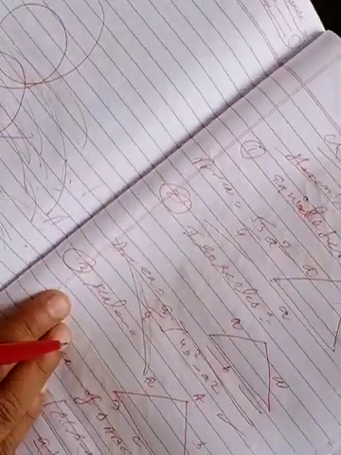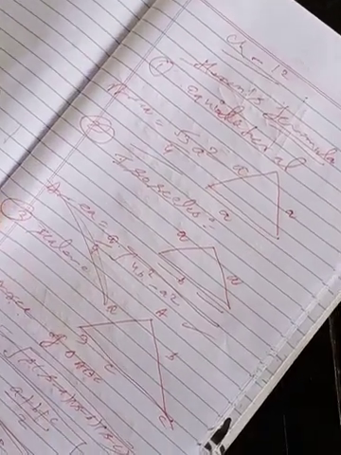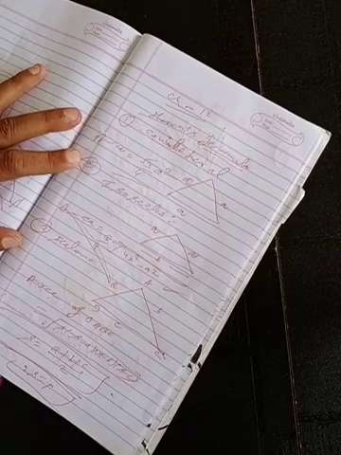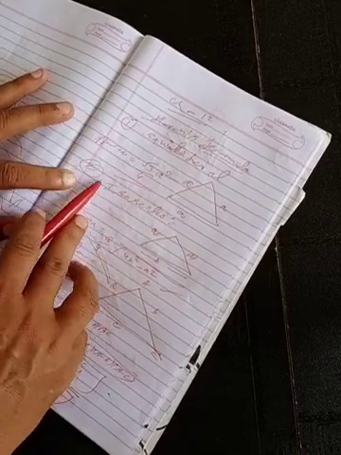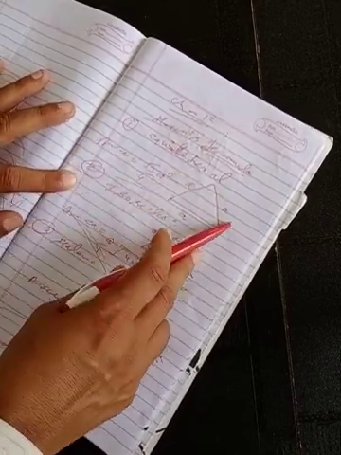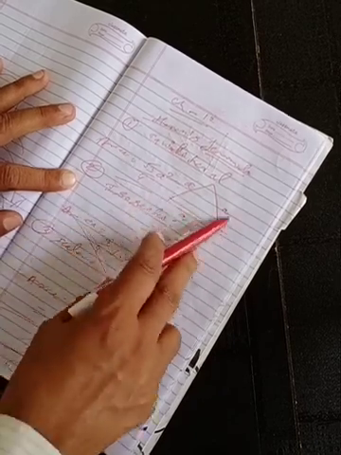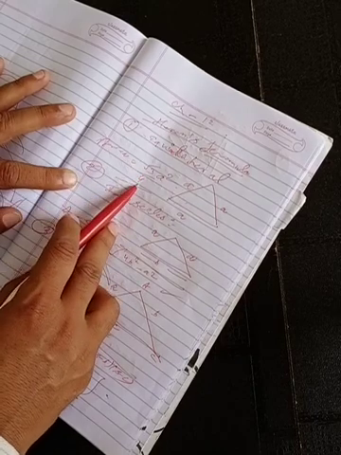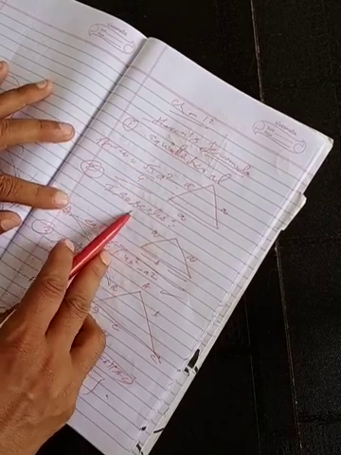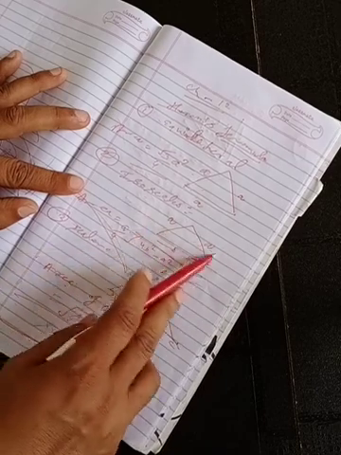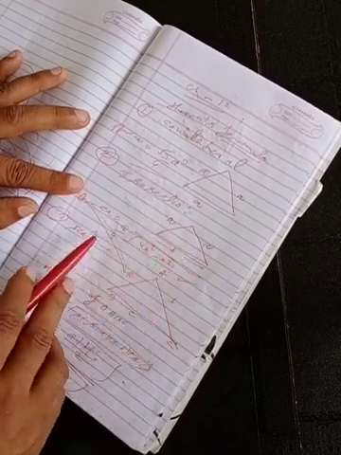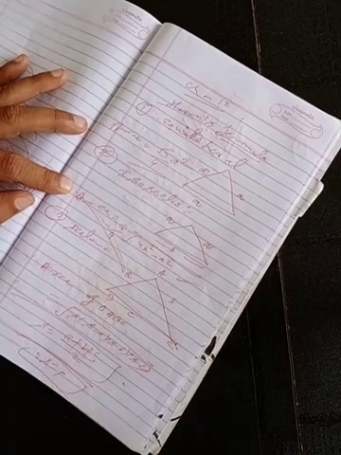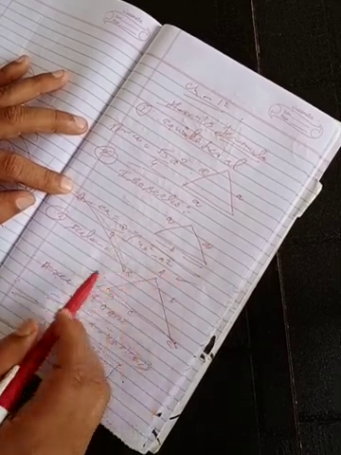So today we discussed the formulas of all the triangles, not only the scalene triangle. There are 3 types of triangle. For an equilateral triangle, if we know one side, we can find its area like this: root 3 upon 4 side square. For an isosceles triangle, where these 2 sides are equal and this side is different, the area will be a upon 4 under root 4b square minus a square.